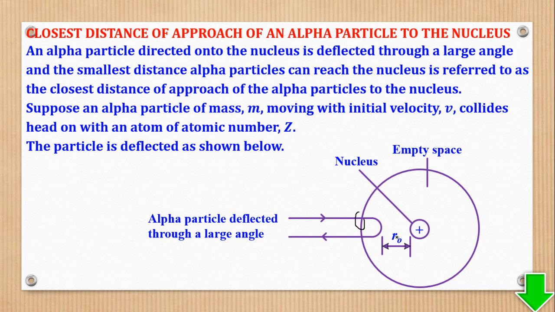Now this distance between the nucleus and this part where the alpha particle turned is what we call the closest distance of approach, and that's what we have denoted as r naught. So basically this is what we are looking for in this part.